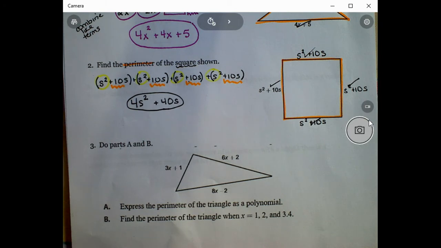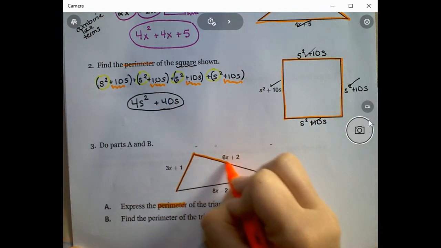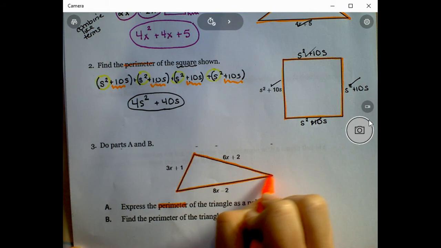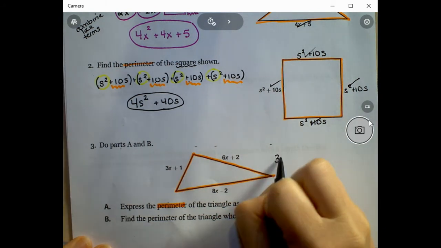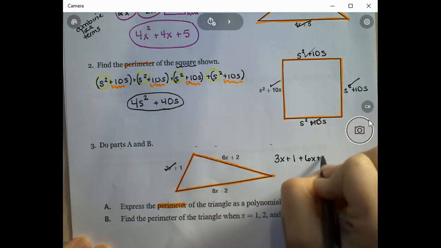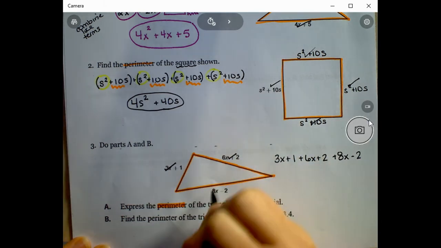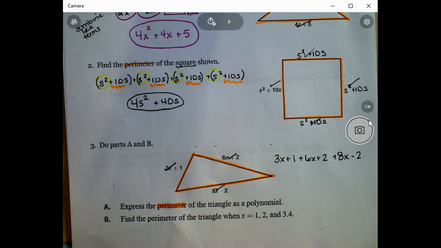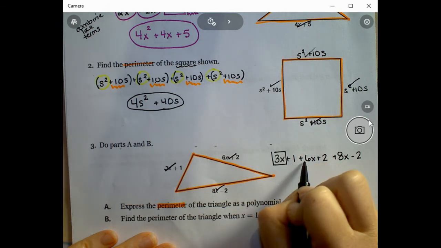The next one says to express the perimeter of the triangle. Perimeter is the distance around. And in order to find perimeter, we need to add the sides. Okay, I used all the sides. We need to combine like terms. So we have 3x. Do we have any more x's? Yes.